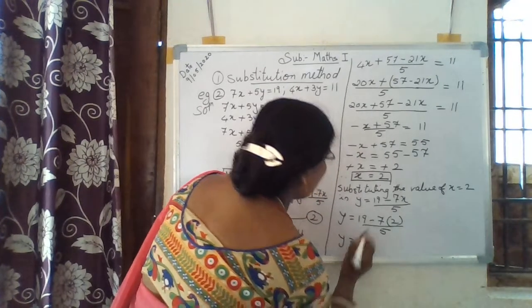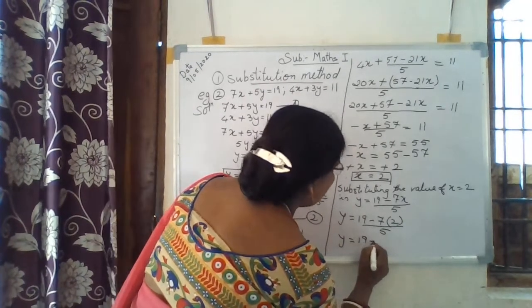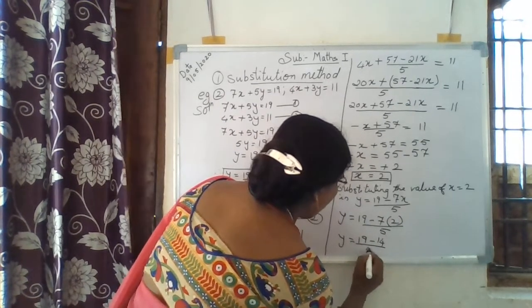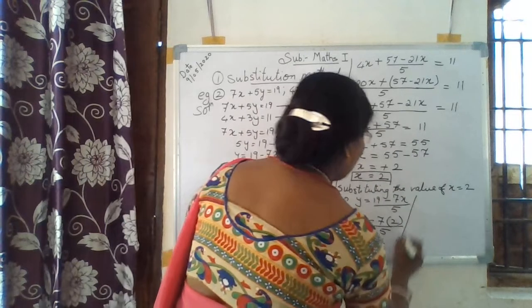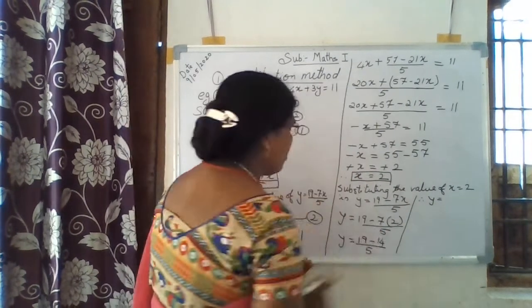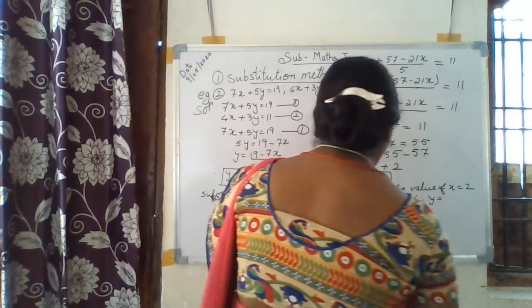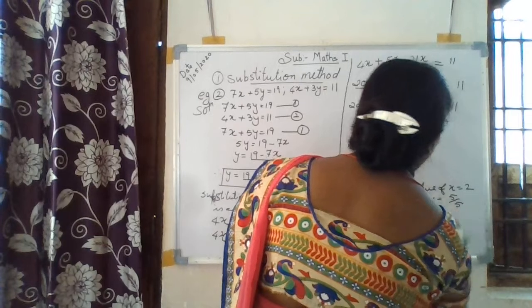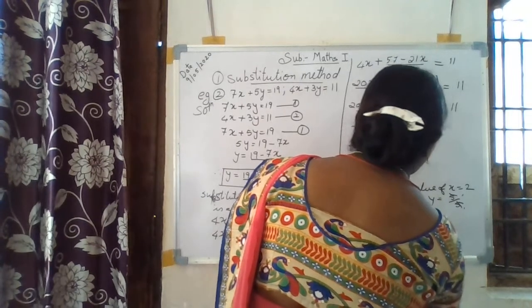So y is equal to 19 minus 7 twos are 14 upon 5. Therefore y is equal to 19 minus 14 is 5 by 5. 5 cancels.